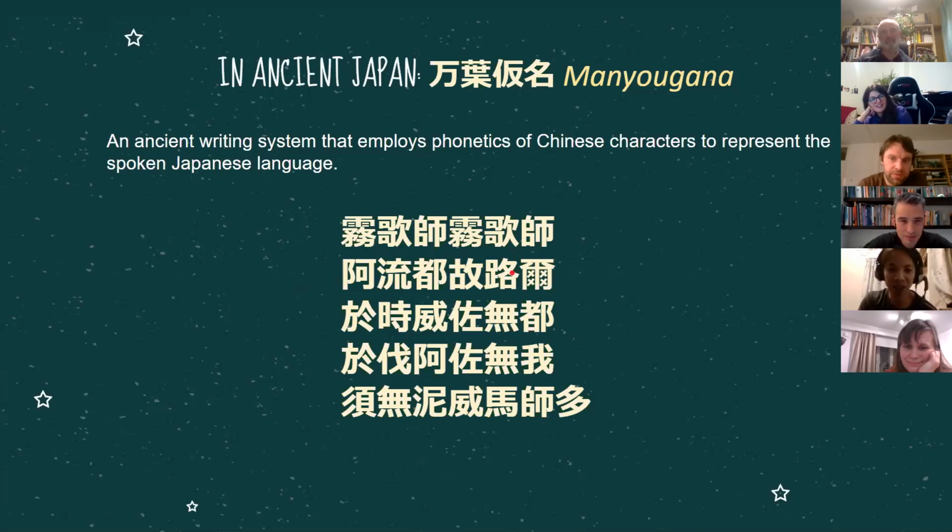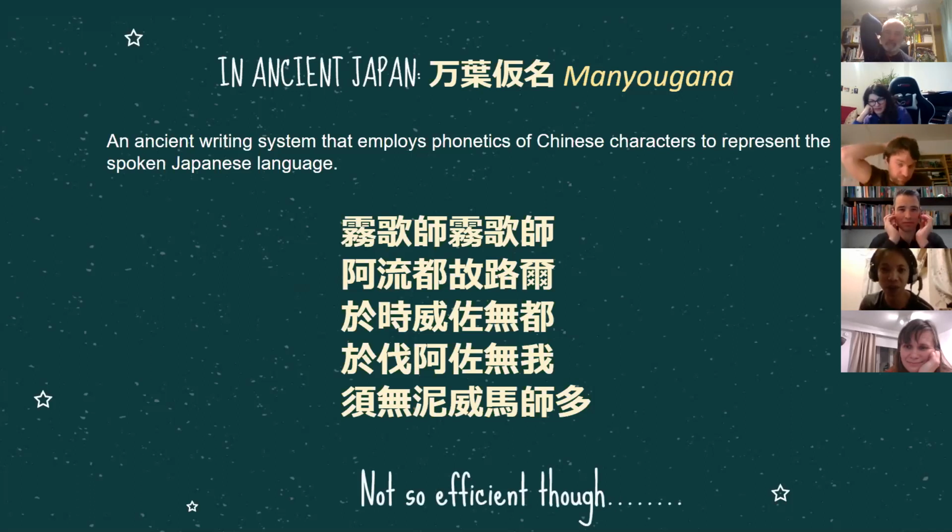And you can see something like this is not very efficient because the actual word has no meaning. I have to read it out first and then convert the phonetics into a meaningful Japanese sentence. Well, that was in ancient times, thousands of years ago.